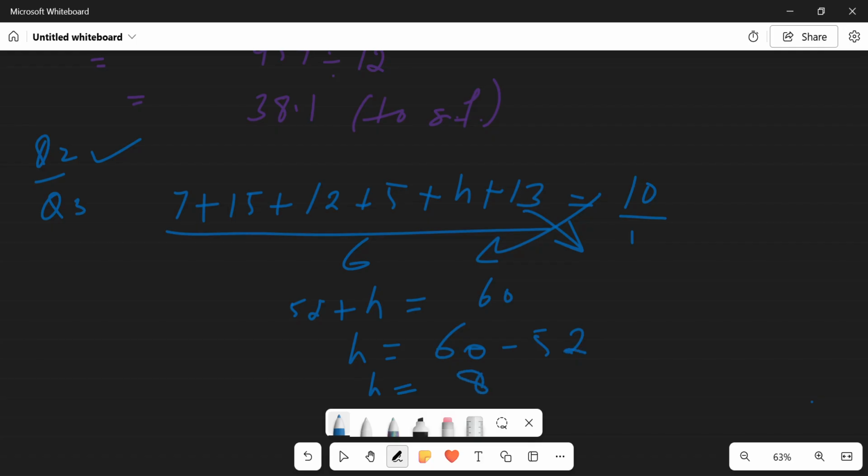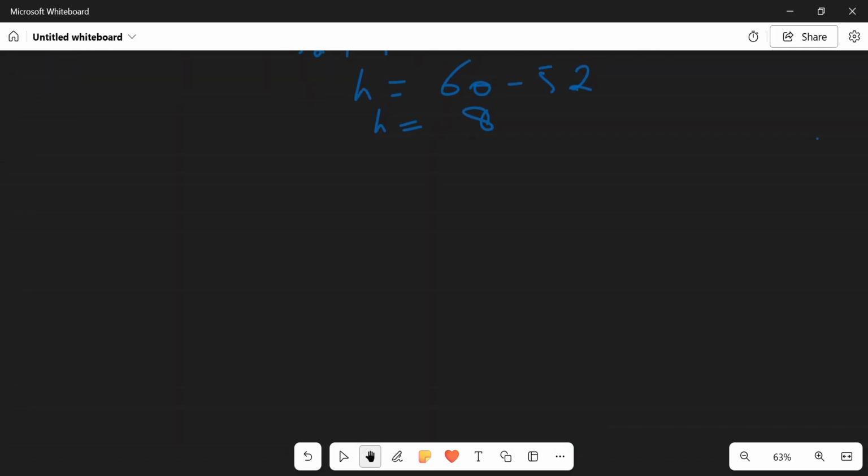Now, next question, question four. In question number four, the mean mass of five boys is 62 kg, right? Masses of five boys.